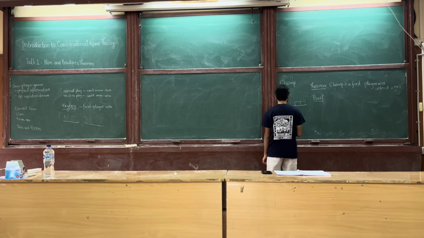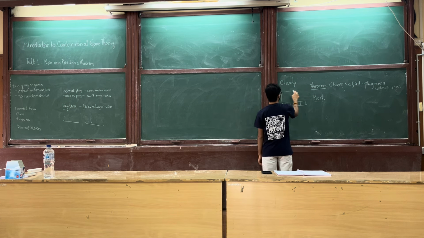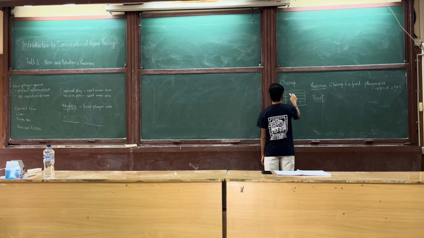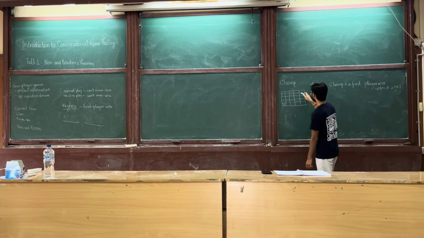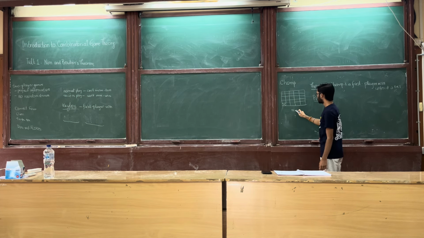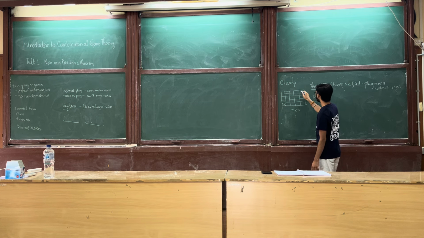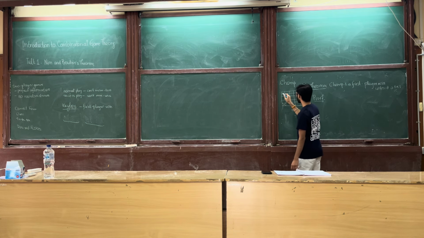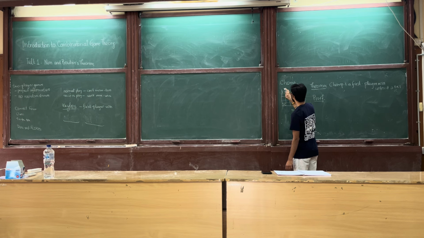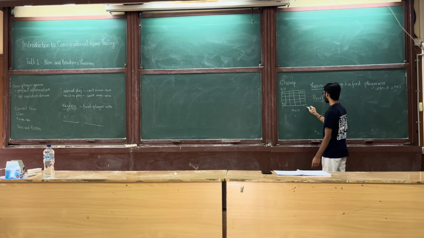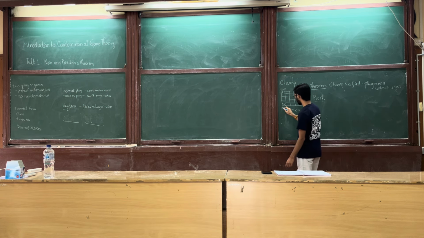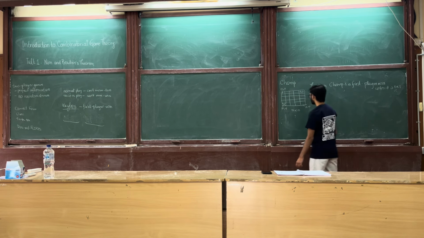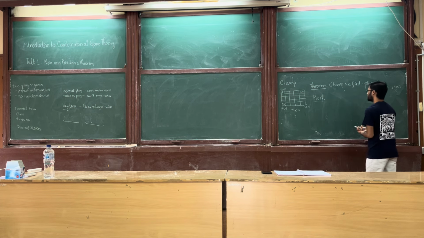And the proof of this is as follows. Let me reconstruct the grid and label these squares. Suppose this is an n by m grid. I'll call this square (1,1), and this one (n,1), and this (1,m), with some standard labeling.